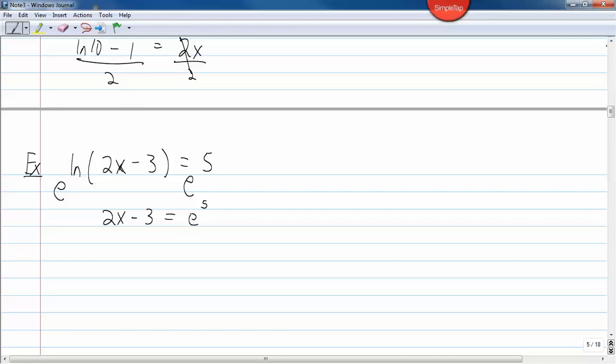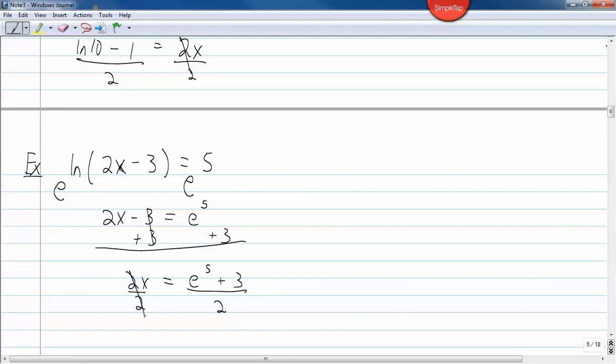So remember, e is a transcendental number like pi. And if your calculator has an e to the x button, that is that exponential function, e to the x. That's how you evaluate it. Alright, but say plus 3, so 2x equals e to the 5th plus 3, divided by 2.